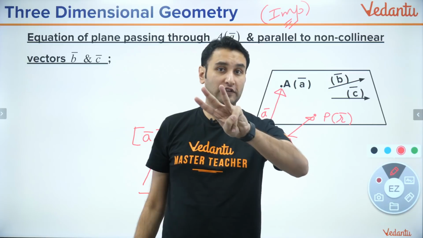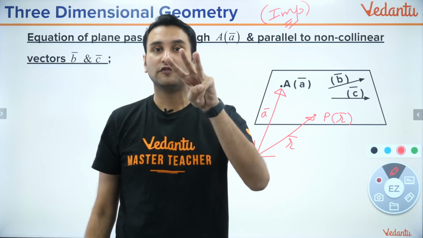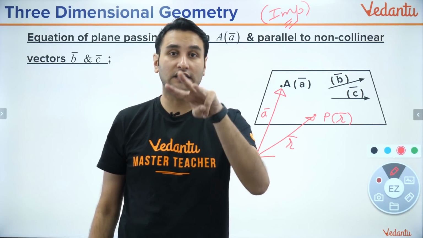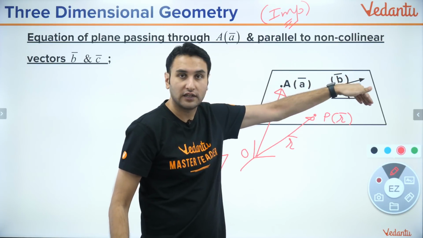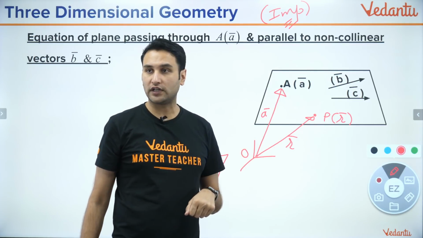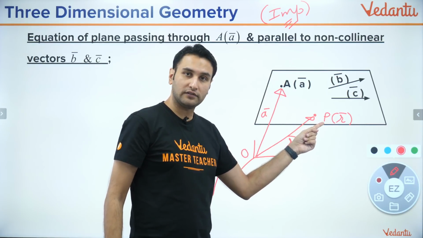You want 3 free vectors which lie on the plane. What do you want, children? You want 3 free vectors which lie on the plane, 3 directions which lie on the plane. So 2 directions we know, B and C. Can you find out the third one? This lies on the plane, this lies on the plane.